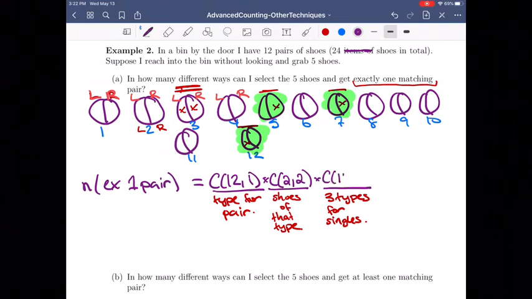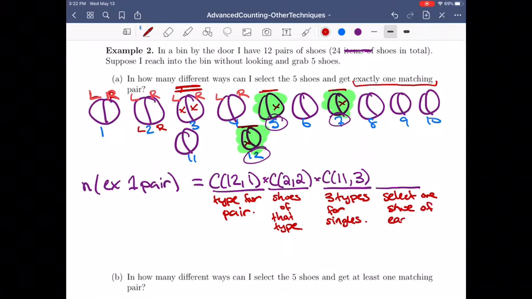So I want to do 11 choose 3. That tells me that I've picked, say, types 5, 7, and 12. Now within each type, I want to select a shoe, so 1 shoe of each type. Could be the left, could be the right. So I'm going to have to do 2 choose 1 three times, so 2 choose 1 cubed.